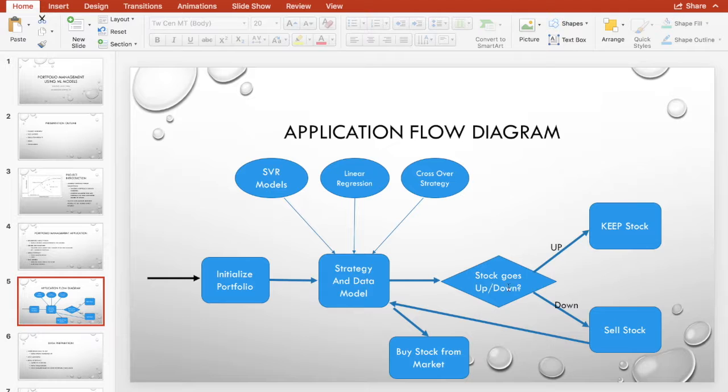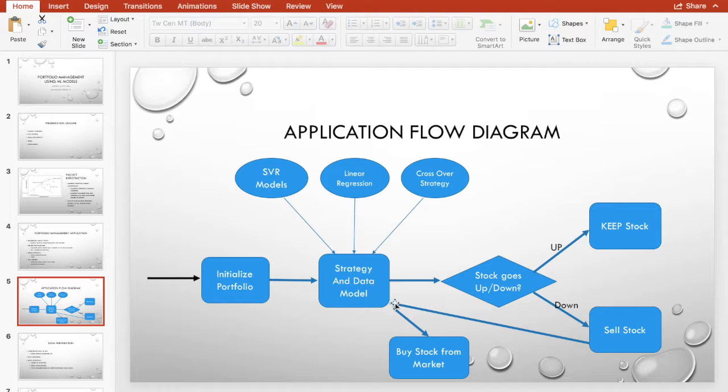If the stock is predicted to go up, of course, I keep the stock in my portfolio. Otherwise, if it's predicted to go down, I sell the stock, and then I use the funds from selling it to purchase another stock from the market.